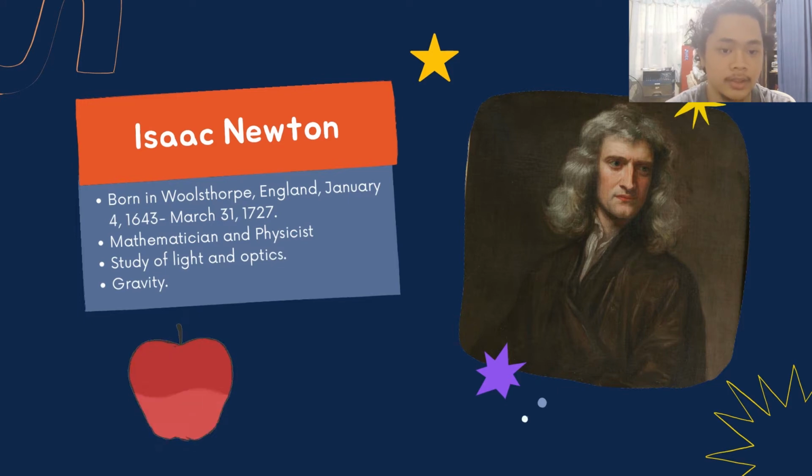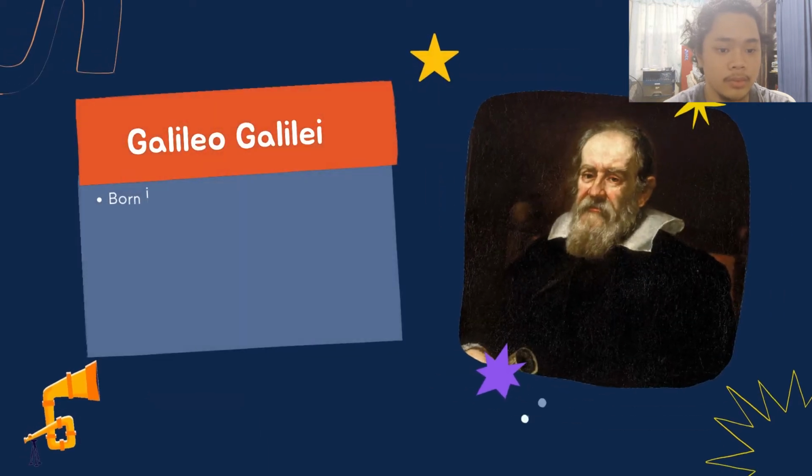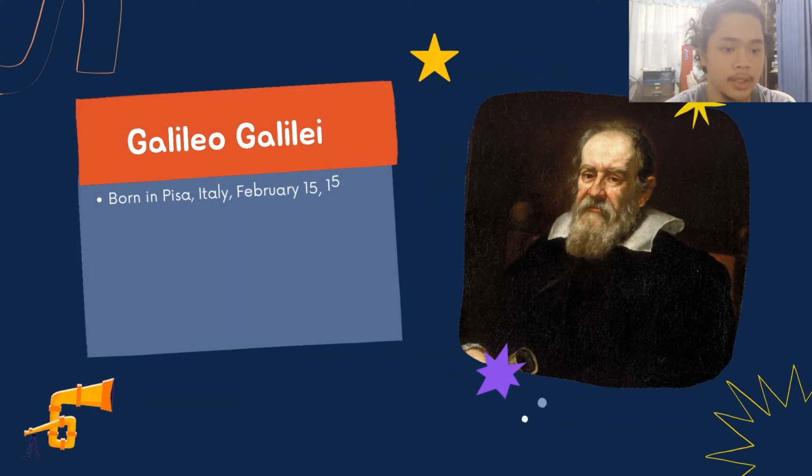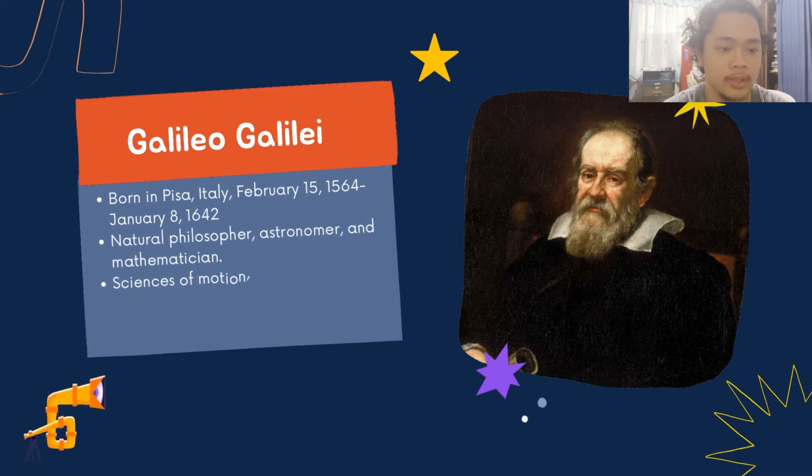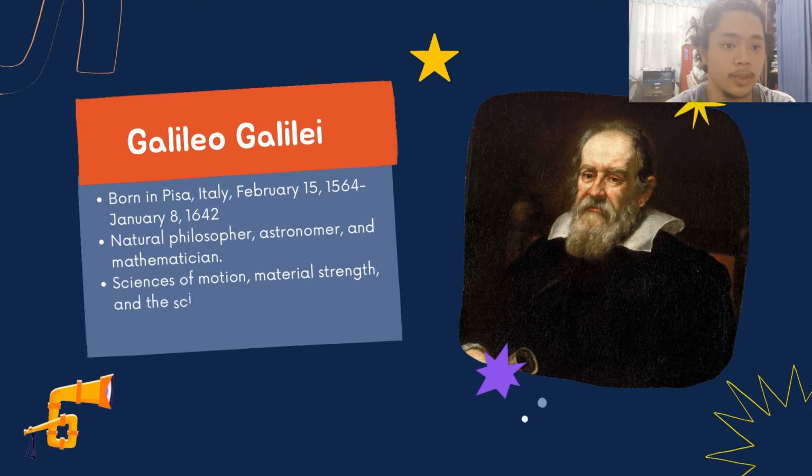Another scientist is Galileo Galilei, who was born in Pisa, Italy on February 15, 1564, and died in Arcetri near Florence on January 8, 1642. He was an Italian natural philosopher, astronomer, and mathematician who contributed significantly to the science of motion, astronomy, material strength, and the creation of the scientific method.